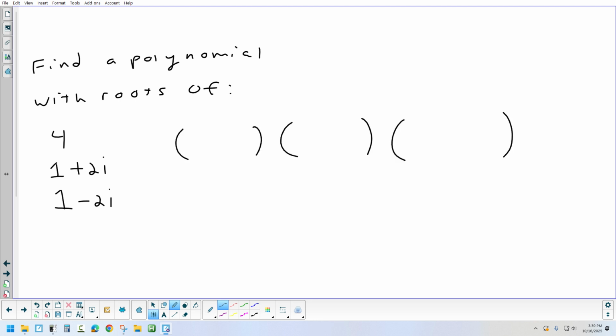What would be my first parenthesis? Because 4 is a root, I need something here that I could plug 4 into to get 0 as the answer. X minus 4. Okay. Now we have to follow that same pattern with these other 2. X minus my root. What would the second parenthesis be?